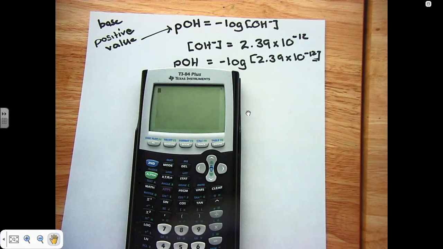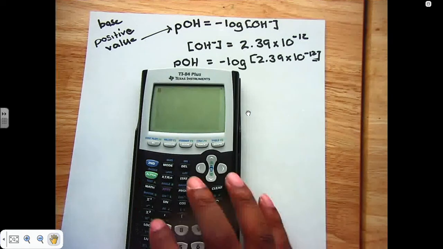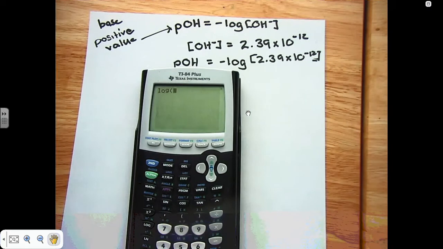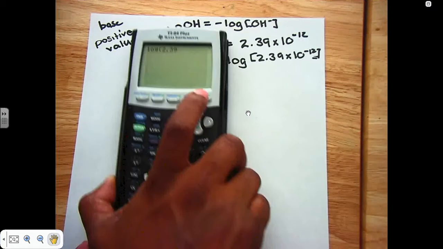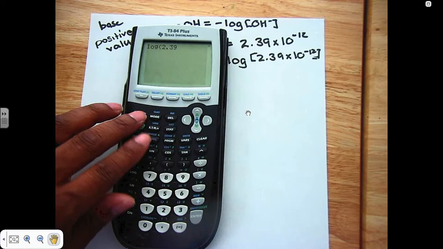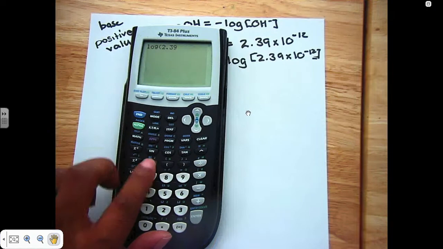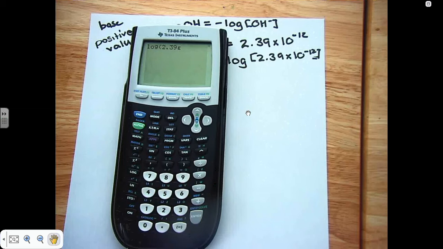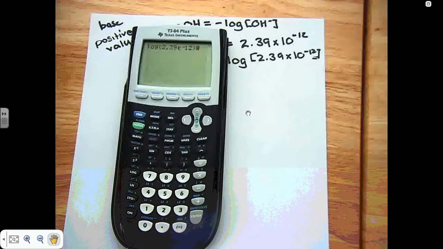Either way works. I tend to just forget to put the log sometimes because I know my value has to be positive. So log 2.39, and once again, if I want to raise it to that 12th power, I'm going to press second, and then I'm going to press my comma button, which has the EE, and then I'm going to raise it to a negative, not minus, a negative 12. And then I'm going to close my parentheses. And then I'm going to press enter.